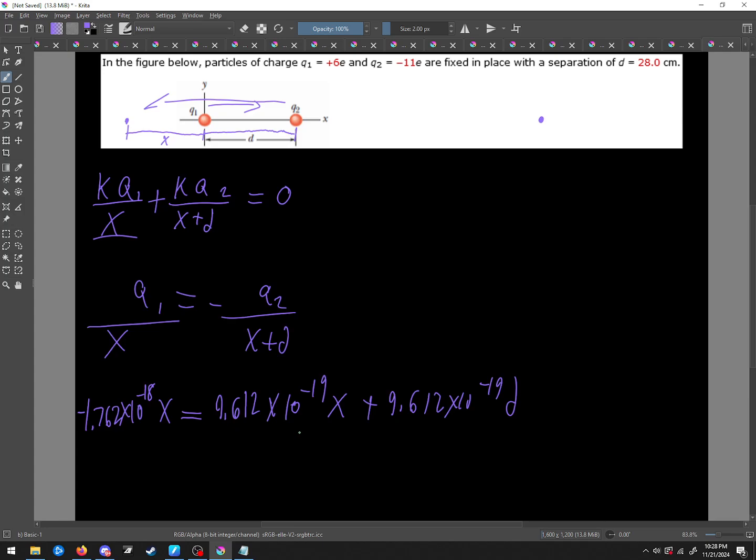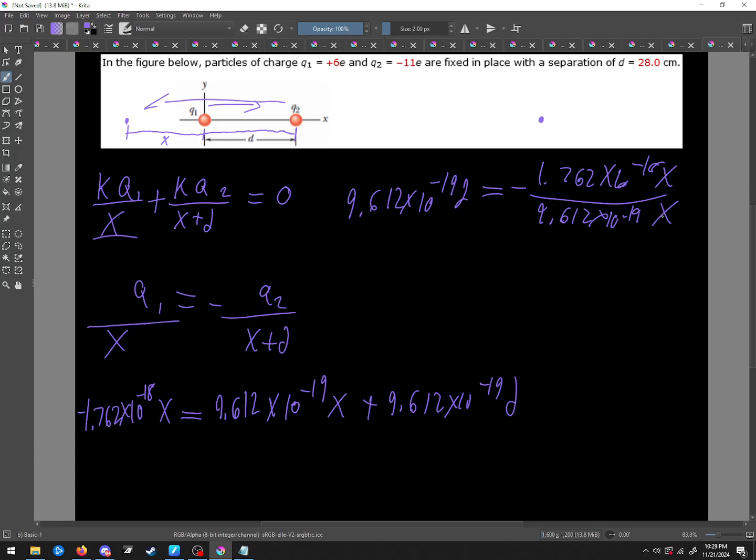Now what we could do is divide x's here and say that 9.612 times 10 to the negative 19 d is equal to negative 1.762 times 10 to the negative 18 divided by 9.612 times 10 to the negative 19. These would both be x, so x would then again cancel.